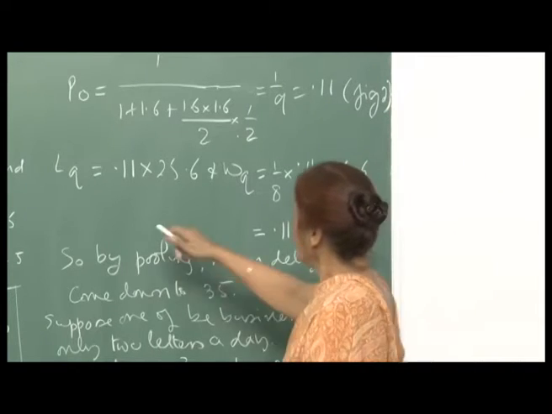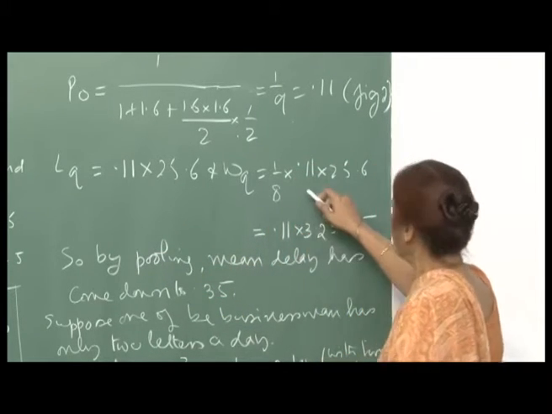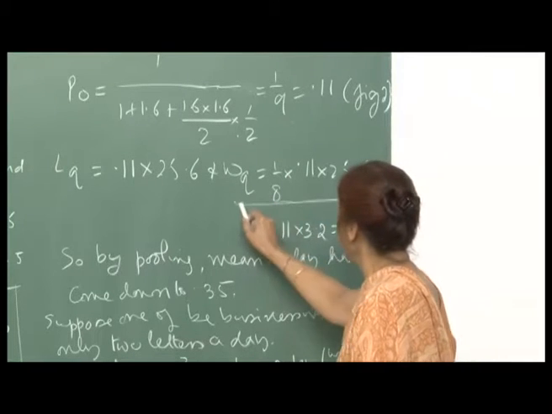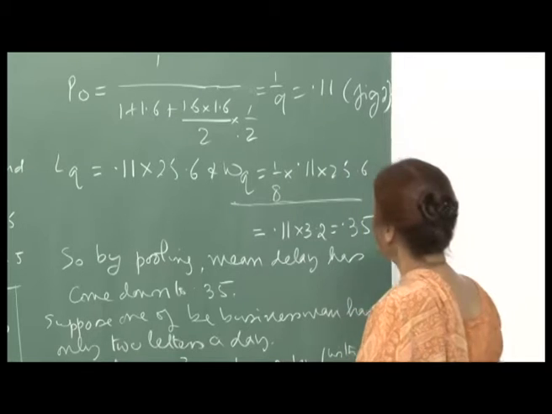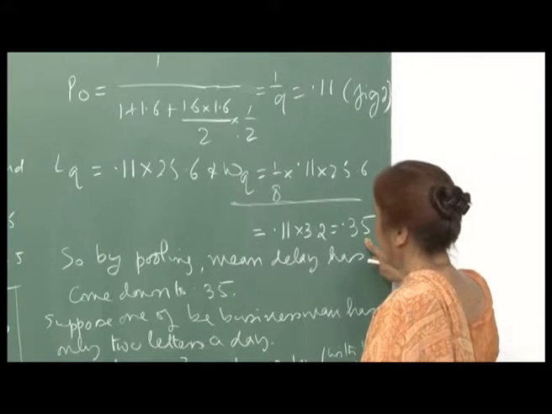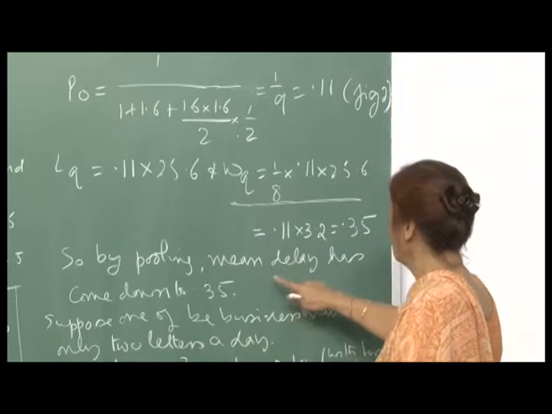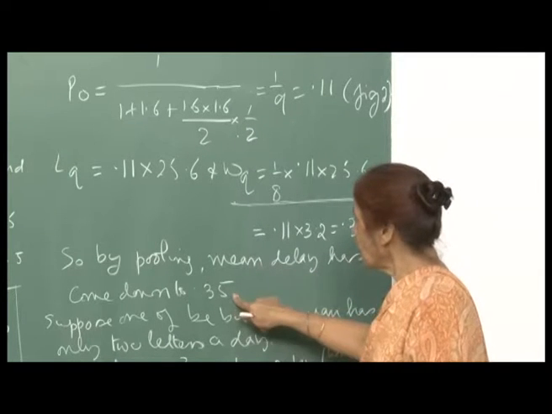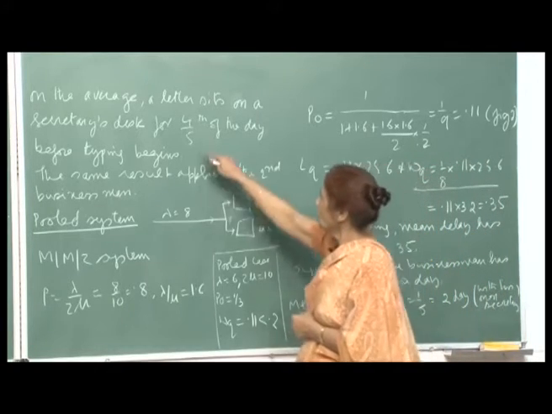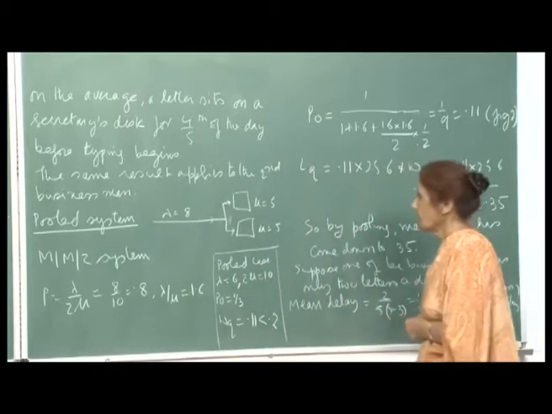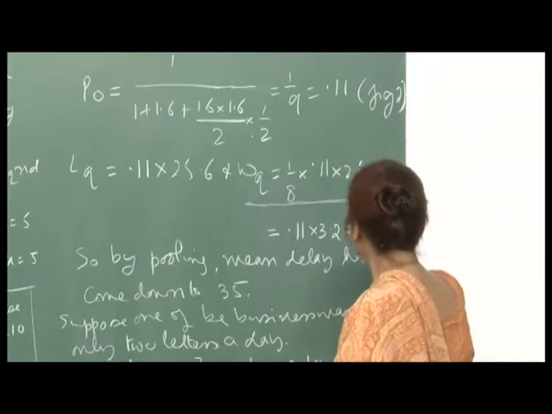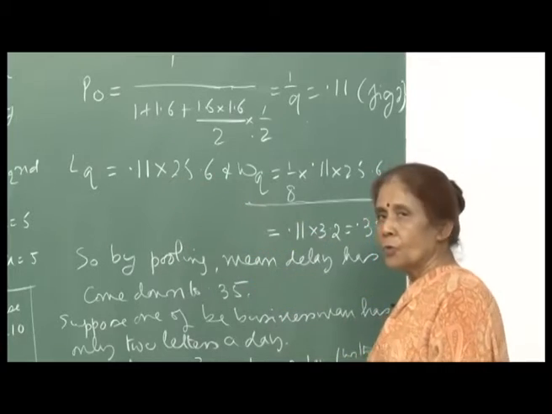Okay. And therefore, your Lq would be again by the formula, and then by Little's formula we have Wq as this number, which is 0.35. So, by pooling the mean delay has come down to 0.35. Earlier the mean delay, we had computed, was 4/5 of the day, which is 0.8. That is very high compared to 0.35, which is much less than 4 by 5.